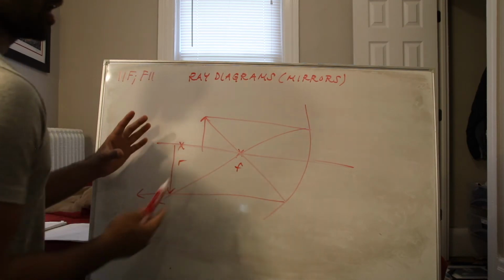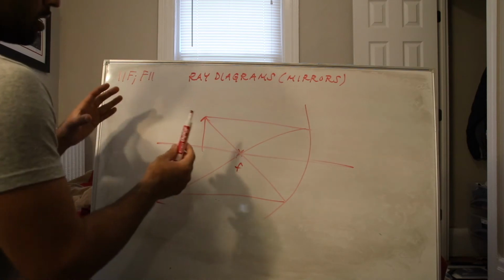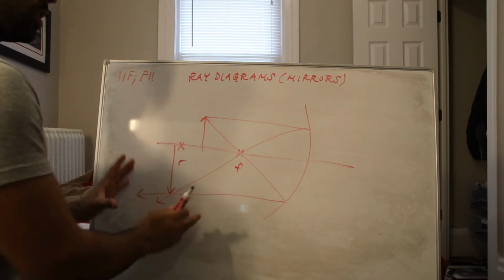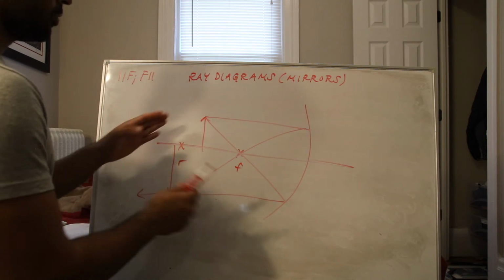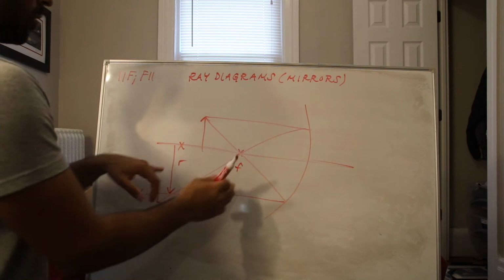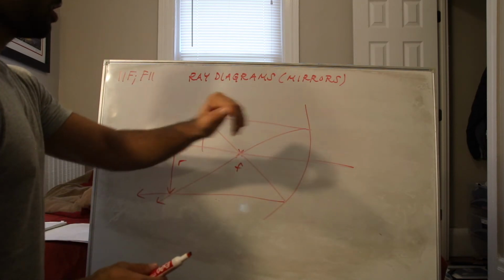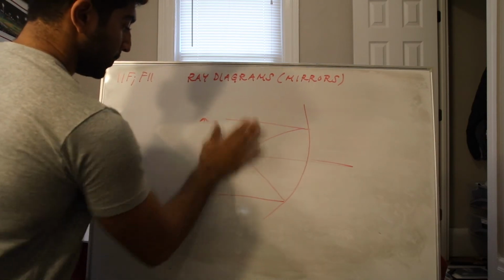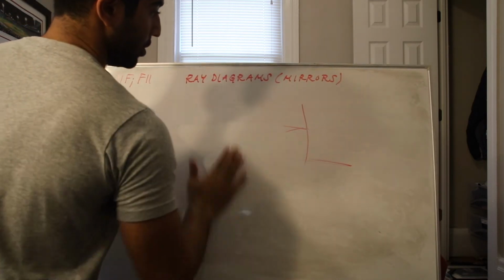I know the diagrams I'm drawing are a little shoddy, they're not 100% accurate, but the facts I'm telling you, that they're magnified, inverted, real, are true. If you want to test it for yourself, feel free, you'll get this result every time if you have a ruler and you have the correct distances for R and F for your given mirror. So the last two scenarios I'm going to draw are a little different than what we've been doing before.